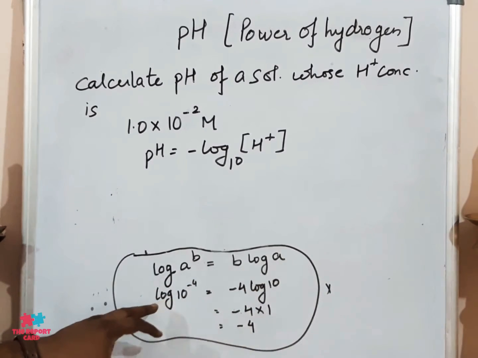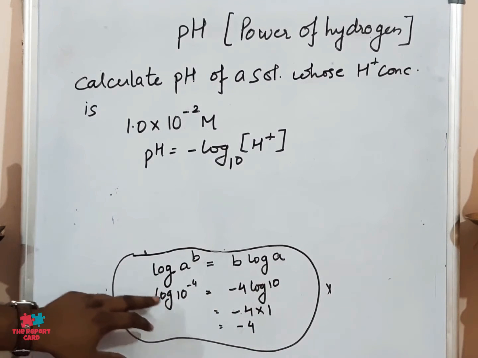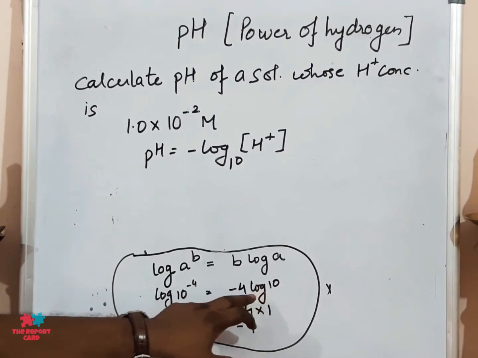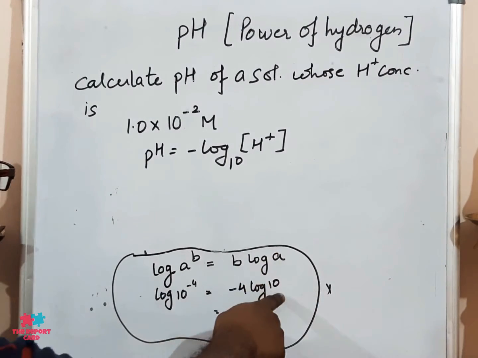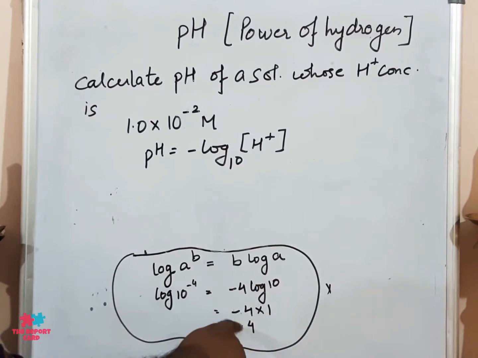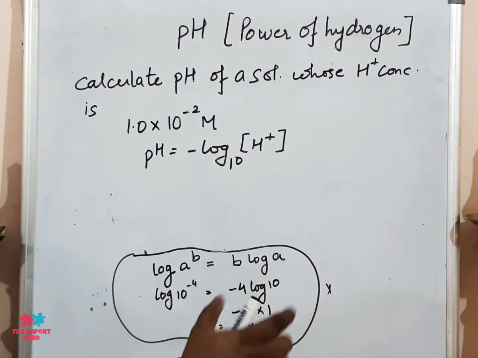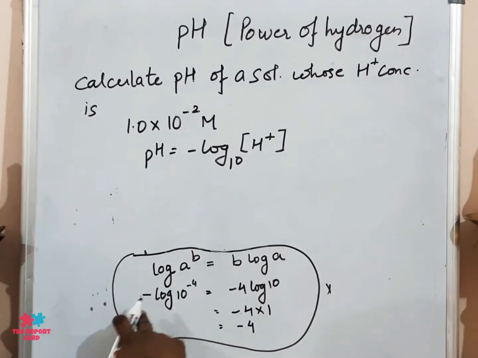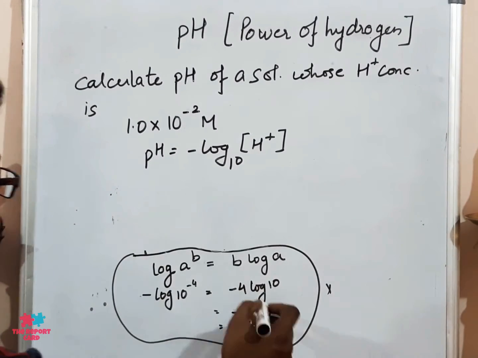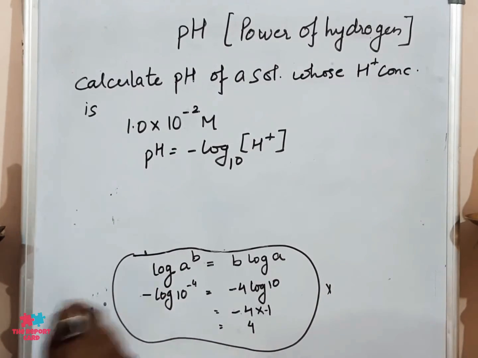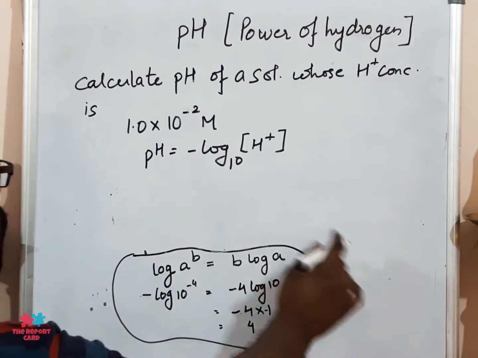For example, log 10 to the power minus 4 will be minus 4 log 10. Now the value of log 10 is always 1, so minus 4 into 1 is minus 4. And if I write minus log, it becomes minus 4 into minus 1, which is 4.